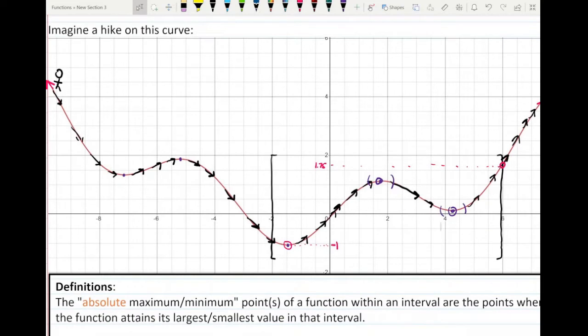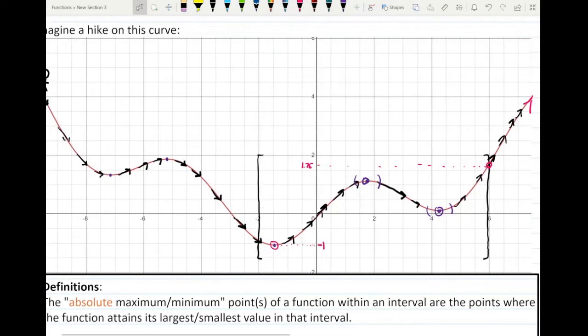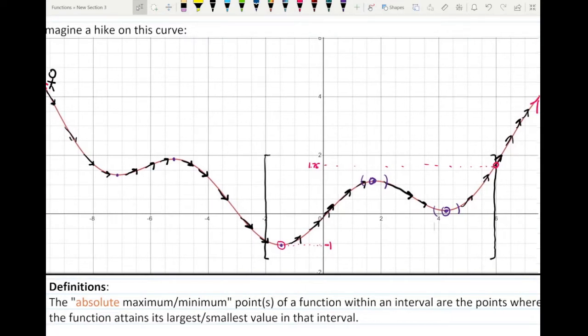The absolute maximum or minimum points of a function in a particular interval are the points where that function reaches its largest or smallest value, depending on whether you're talking about maximum or minimum, in that interval.